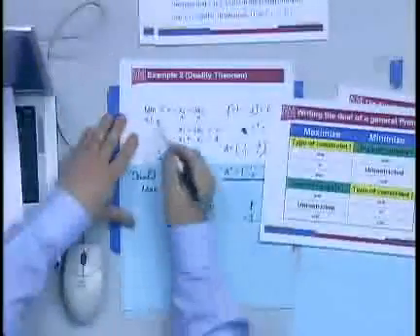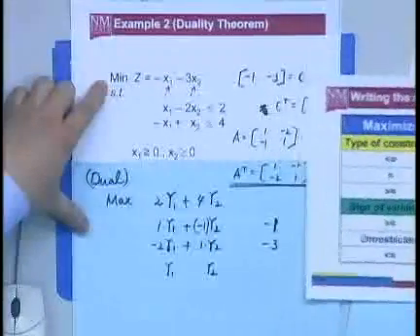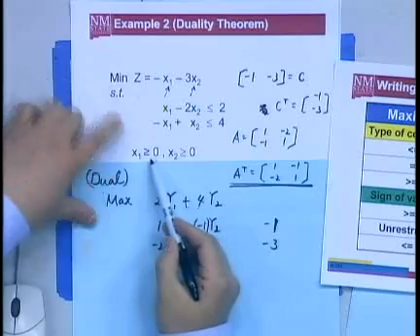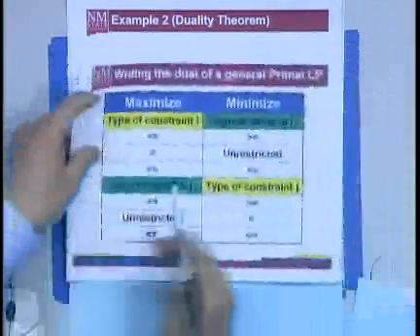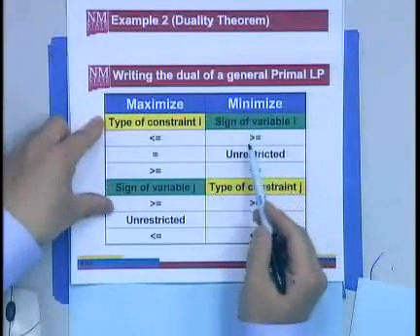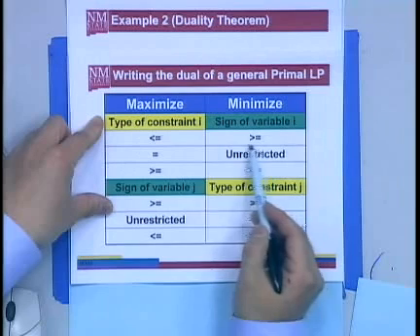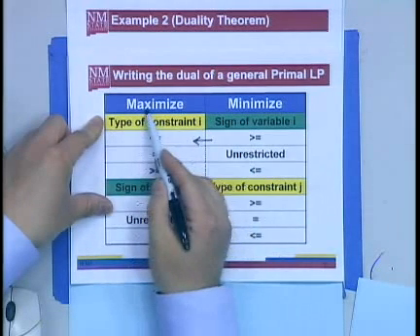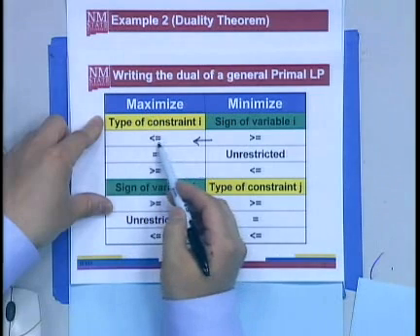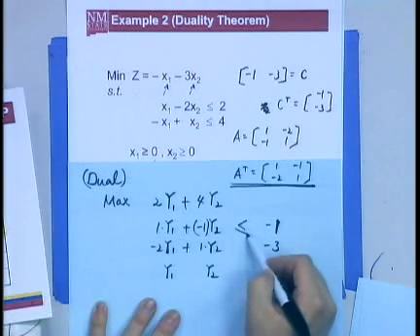Because in the primal problem, which is a minimization problem, the first variable is greater than or equal to 0, which means in the maximization problem, the first constraint should be less than or equal. So the first constraint is less than or equal.